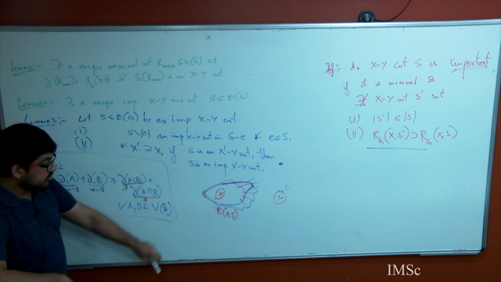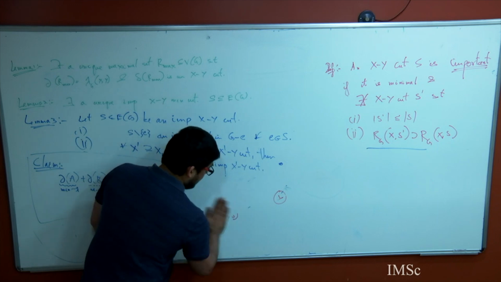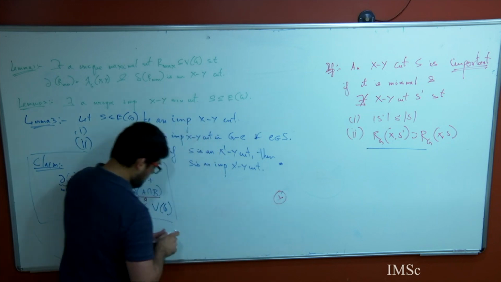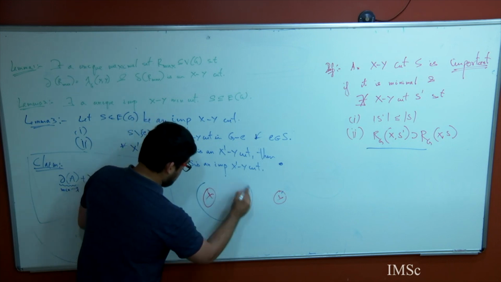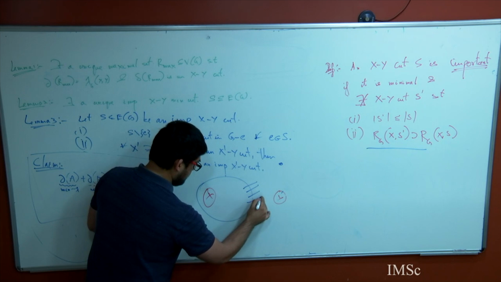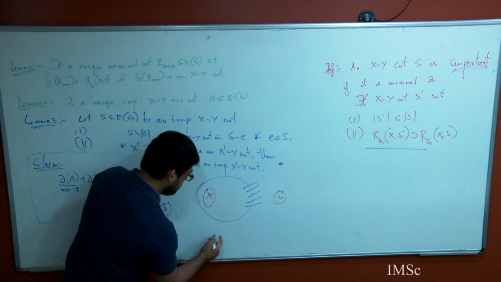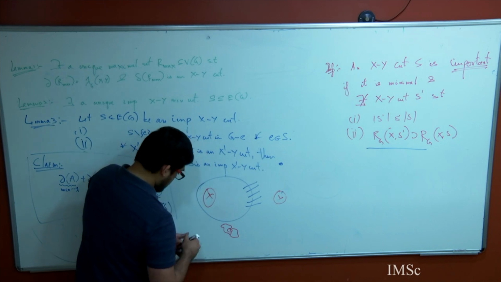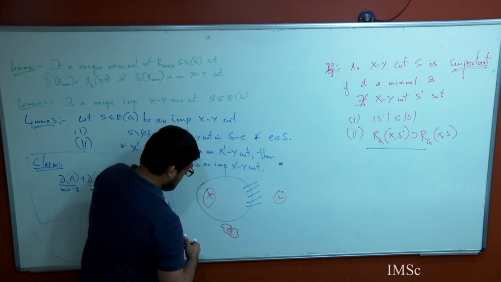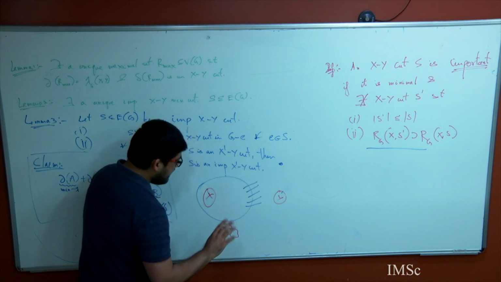Does that make sense? So your example is not the issue, but let's say that there is another set here. Let's say this is Q, and Q has neighbors. Well, actually, never mind.